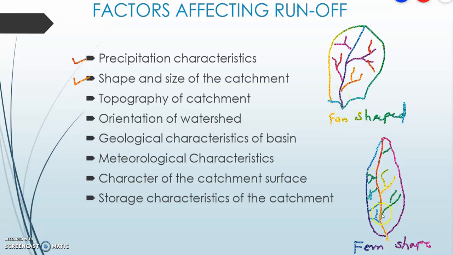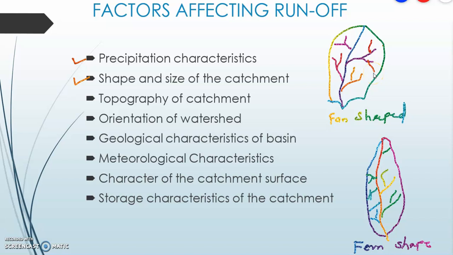In the fern shape, the length of the streams is different, so the water collected through each stream will approach the outlet at a different time.